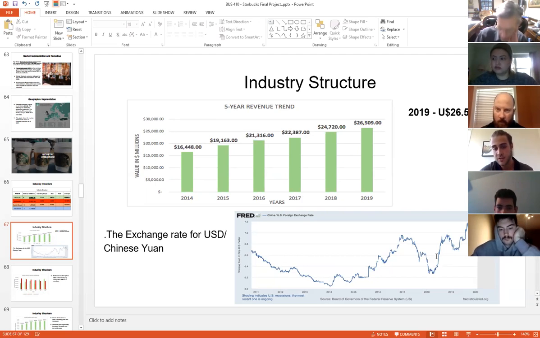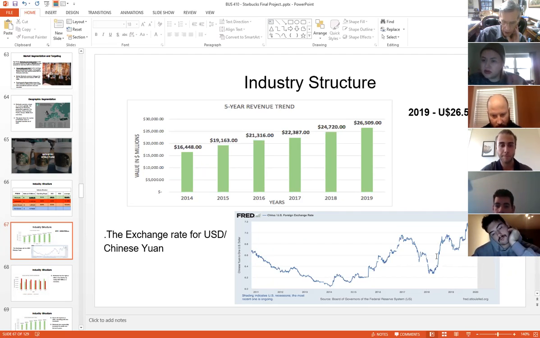As this trend goes up, it takes fewer yuan to buy a dollar. Therefore, when we convert those yuan, we get more dollars if we make profit in yuan. But we can see that the trend over time has been the reverse.